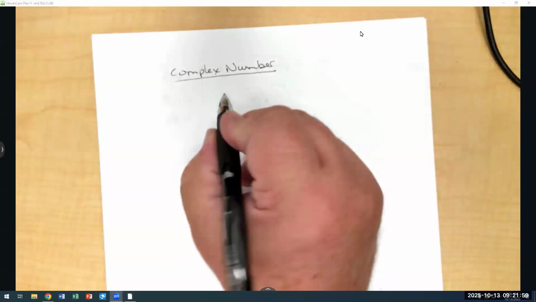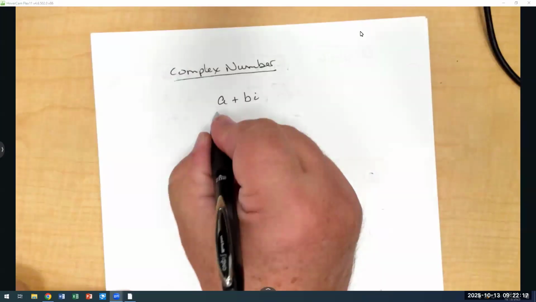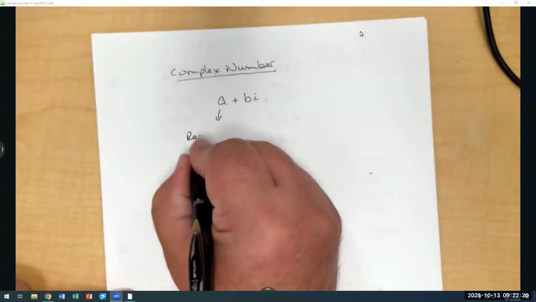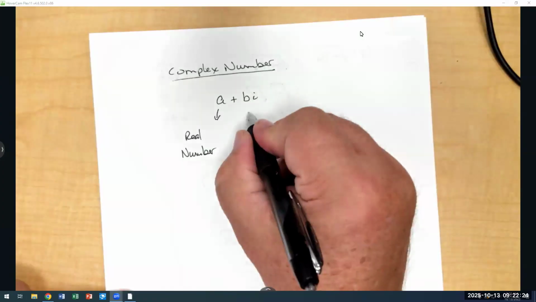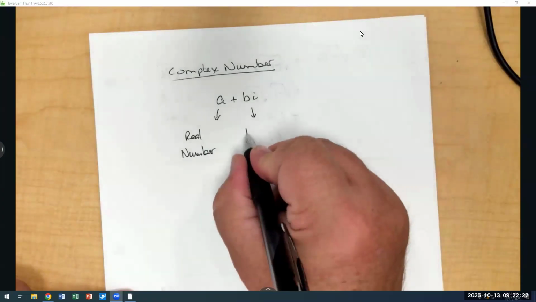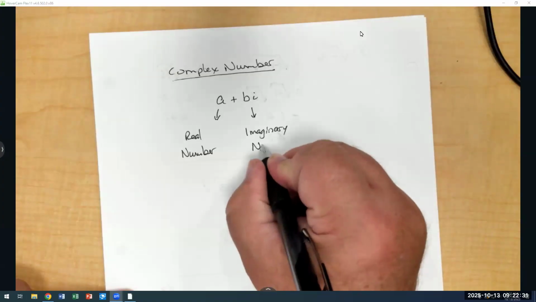A complex number has this form, where A is the real number and Bi is the imaginary number.